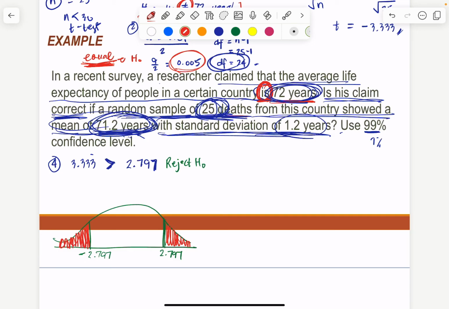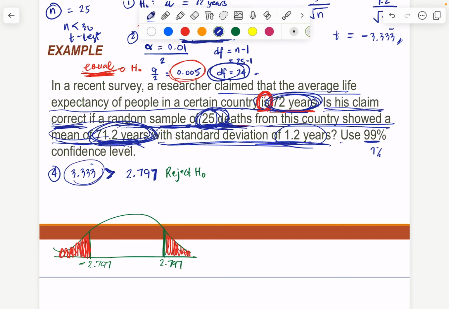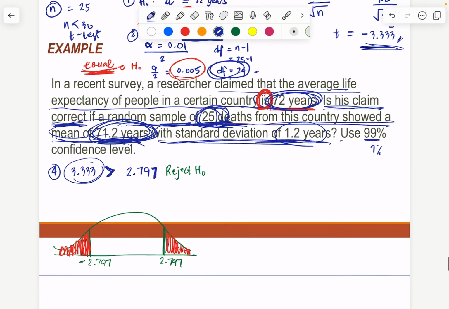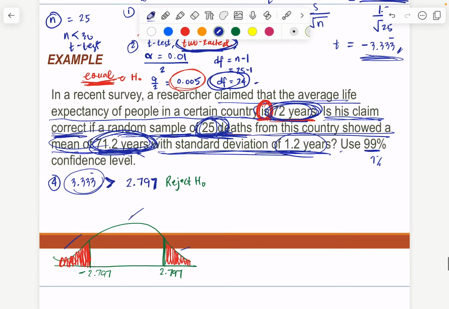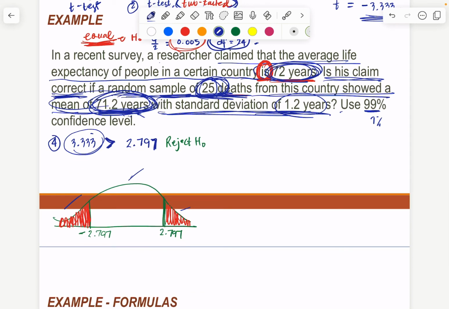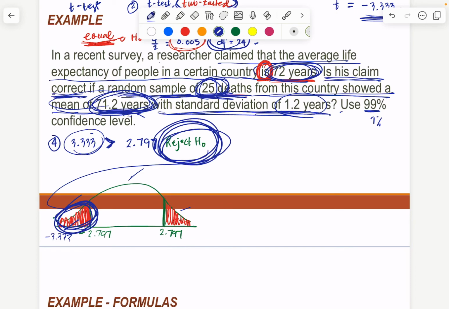Afterwards, determine where your t computed belongs. Our t computed is negative 3.333. Is it somewhere on the left side, somewhere in the middle, or somewhere to the right of 2.797? Negative 3.333 is to the left of negative 2.797, so it belongs to the rejection region. That means our decision should be to reject our null hypothesis.